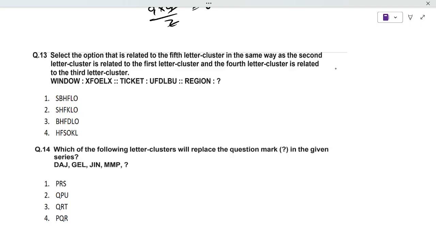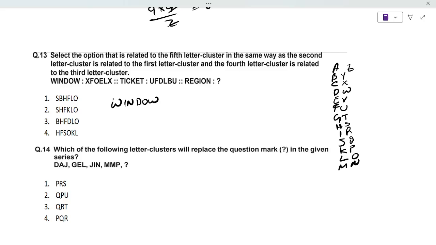We need the alphabets again. A B C D E F G H I J K L M N O P Q R S T U V W X Y and Z.